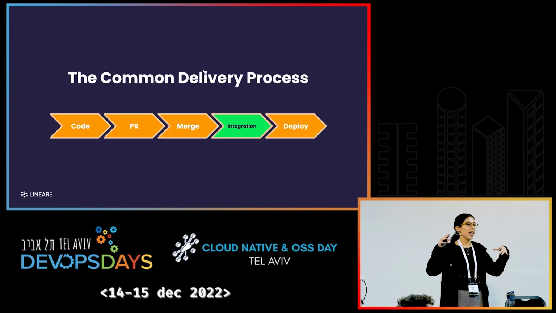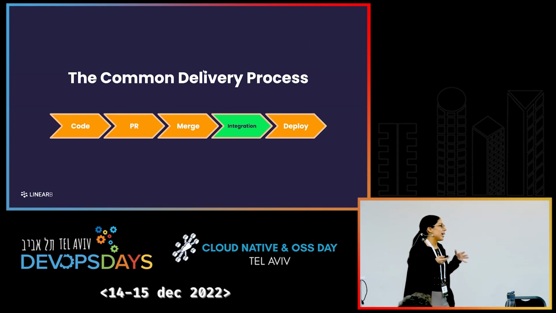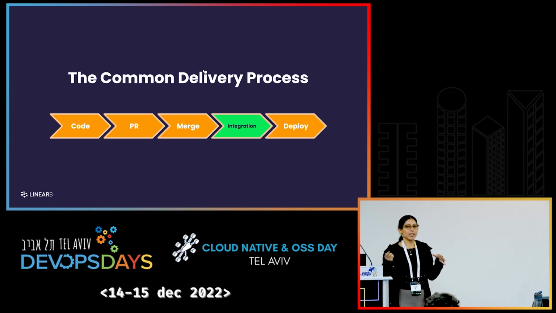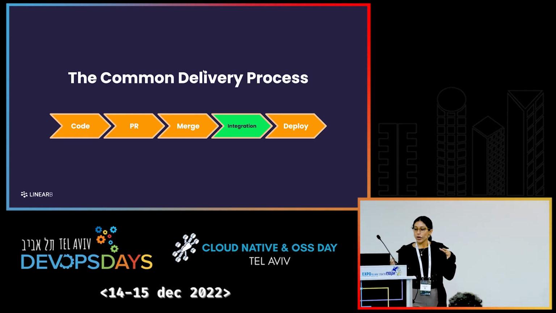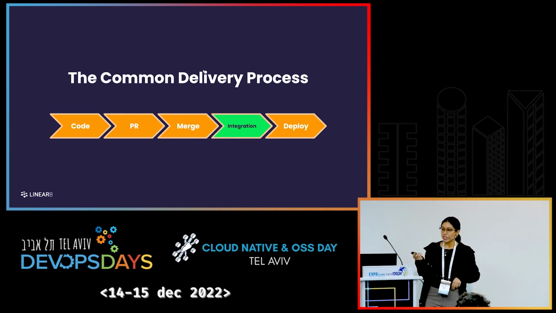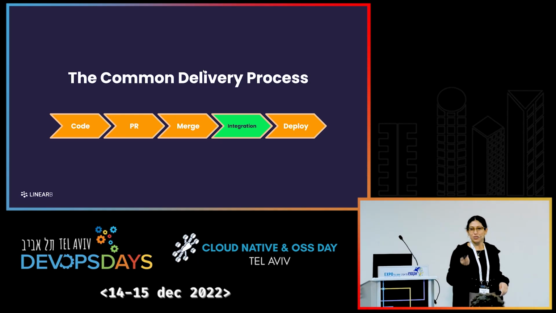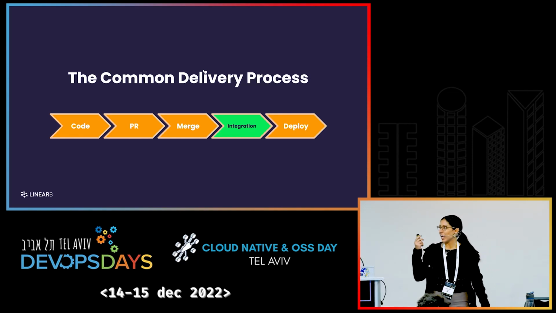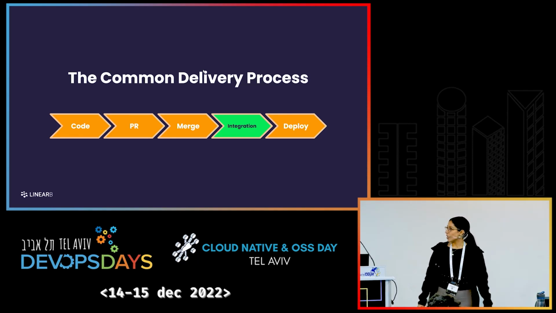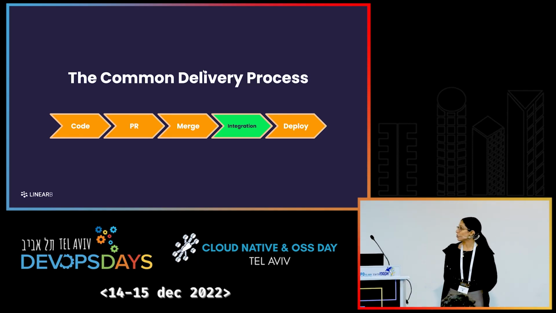We have many ways to do it, and many companies involve integration in many ways, but basically this is also a part that not all developers really care about or want to do or even have the knowledge how to do. So this is a really tricky one that also consumes a lot of time.